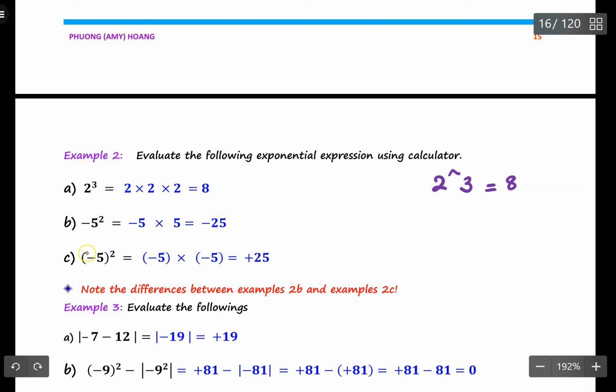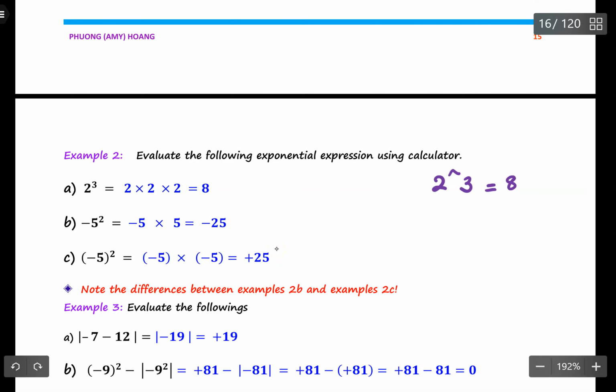Okay, so in this case, I have a positive 25 because I multiply negative 5 by itself 2 times. Because you have the bracket around this negative 5, the bracket will tell you that you have to multiply negative 5 by itself 2 times. So you have negative 5 multiply negative 5, it should give you the answer as positive 25.